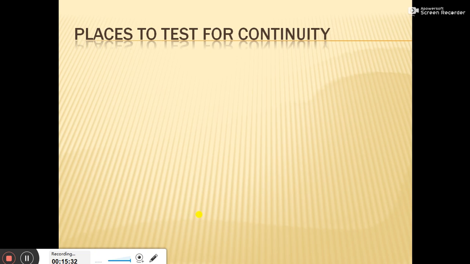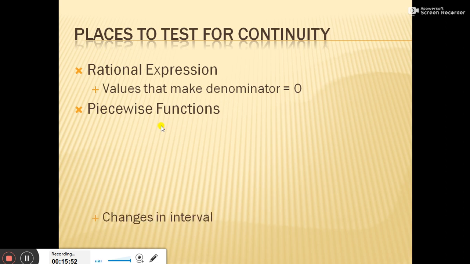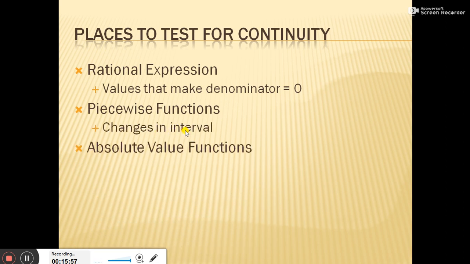And now the places where we have to check for continuity. First one is the rational expression. If the function is in the form p(x) by q(x), then we have to check the denominator, the values at which it makes the denominator equal to 0. Piecewise function, that means the rule changes at an interval, less than or greater than.